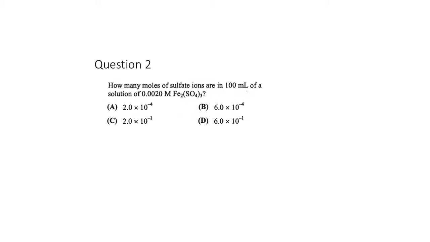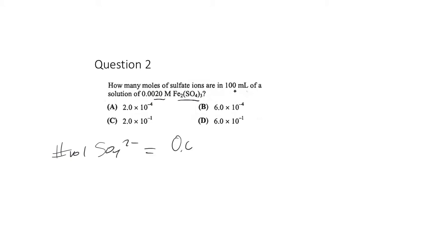Number 2, how many moles of sulfate ions are in 100 milliliters of a 0.02 molar solution? For paying attention to sig figs, imagine this is 100 mils with 3 sig figs. So how many moles of sulfate ions are in this solution? Okay, let's try to see if we can use dimensional analysis, number of moles of sulfate.